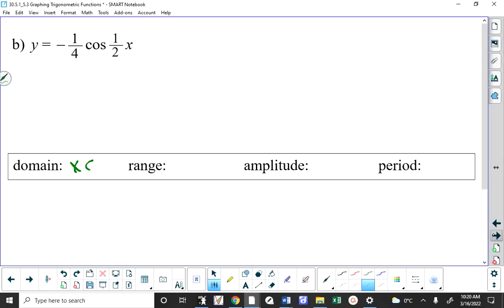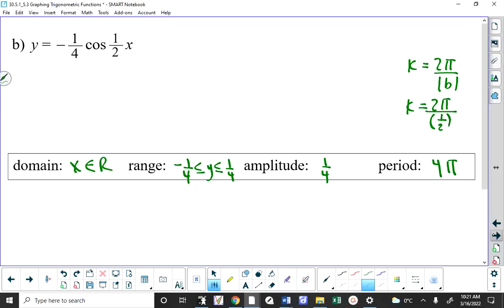Don't look up here and just copy what I have. Do it on your own. Pretty simple.